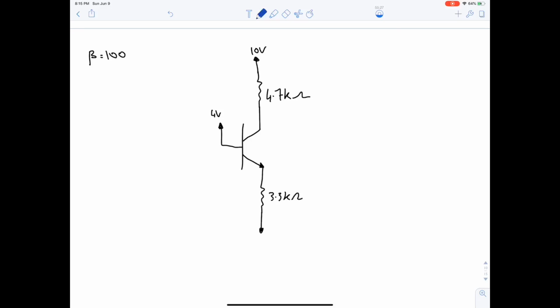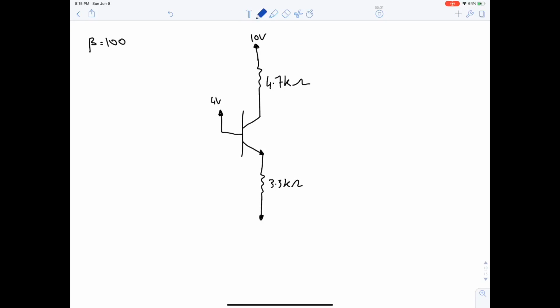Let's continue. We need to analyze this circuit. So we have to find all the unknowns. How do we start? We start with the type of the transistor, NPN. Next we label VC, VE, VB. This is IC, this is IE, this is IB. Okay, next we will put the list.